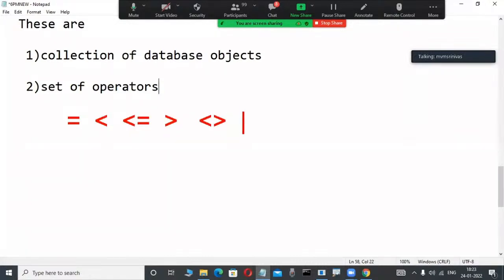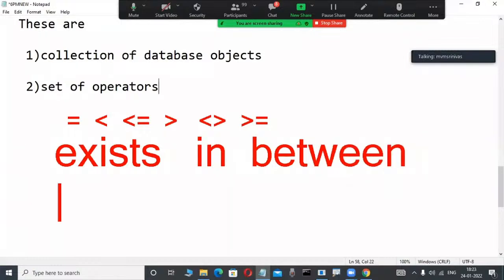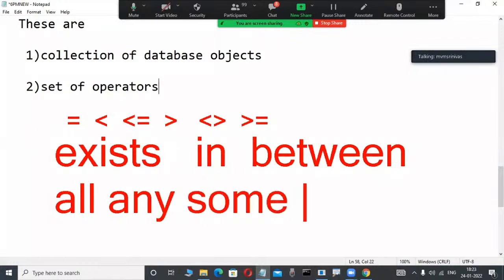These types of operators are there. But here there are also special operators in every relational data model. Suppose EXISTS is an operator. IN is an operator, BETWEEN is an operator. ALL is an operator, ANY is an operator. SUM is an operator.